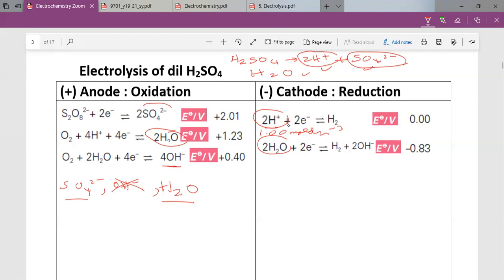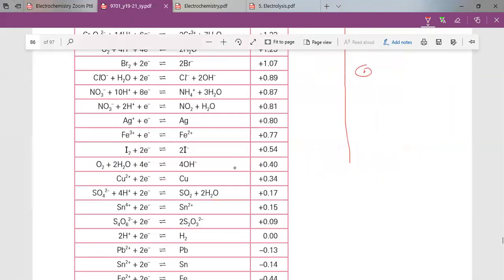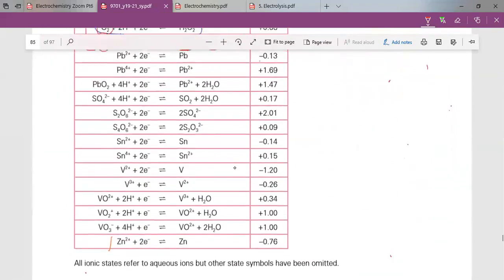Here it acts as an oxidizing agent, it accepts electrons. Here it acts as a reducing agent. Water can do both. I'm going to show you first the electrode values, and you must learn to use them properly. I'm keeping my eyes on the clock so I won't go past the 1 hour, unless you'll be bored to death.